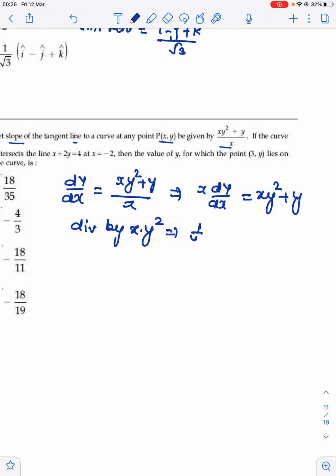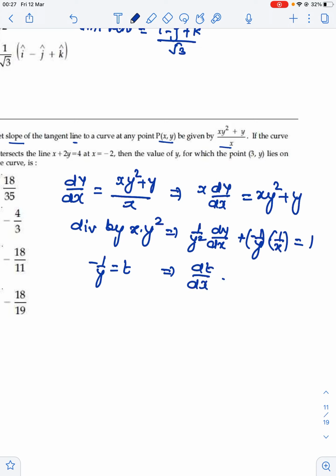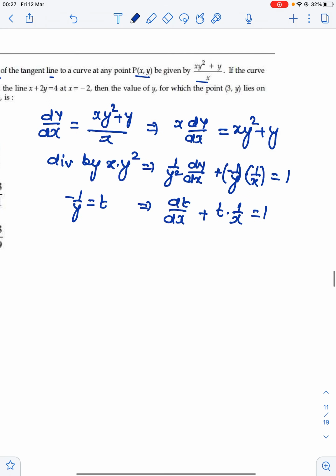So this turns out to be 1 upon y square dy by dx plus 1 upon x times minus 1 upon y is equal to 1. So now minus 1 upon y you can put as t. So this differential equation becomes dt by dx plus t into 1 by x is equal to 1.